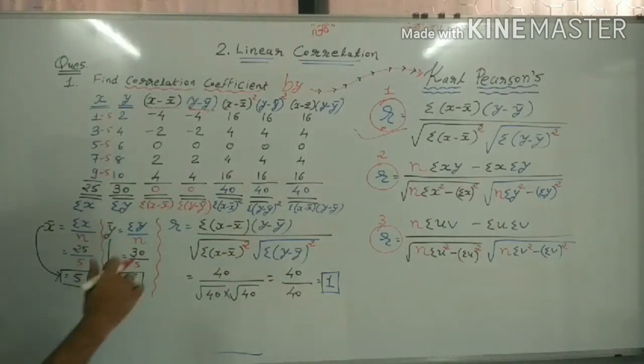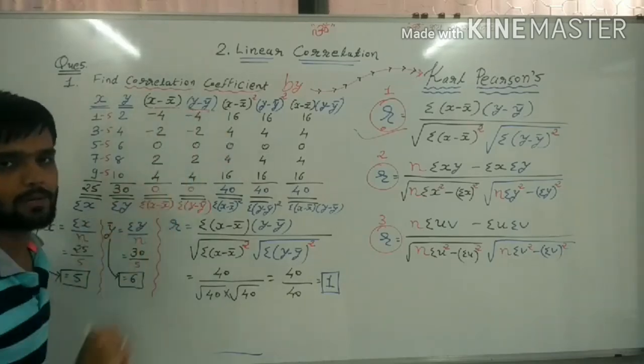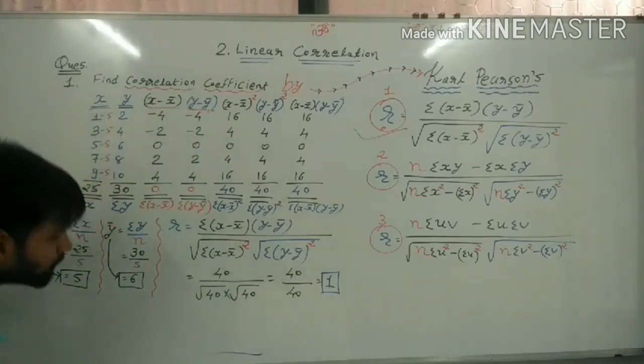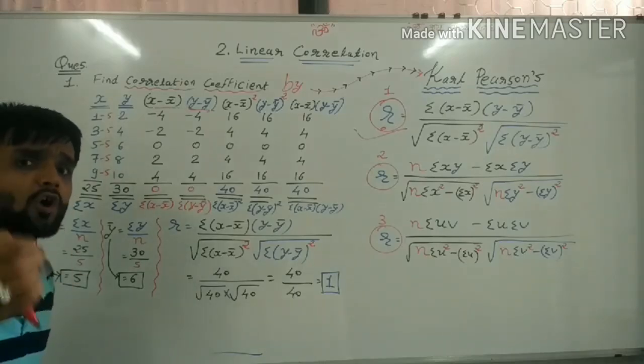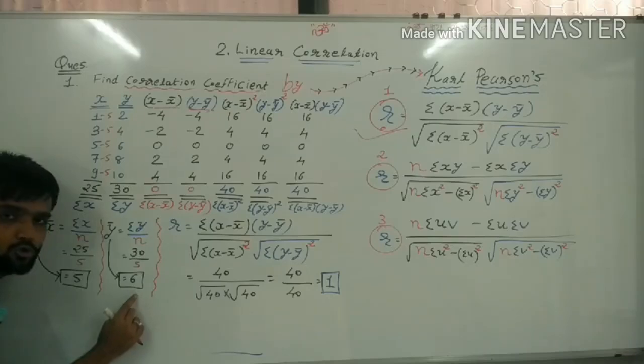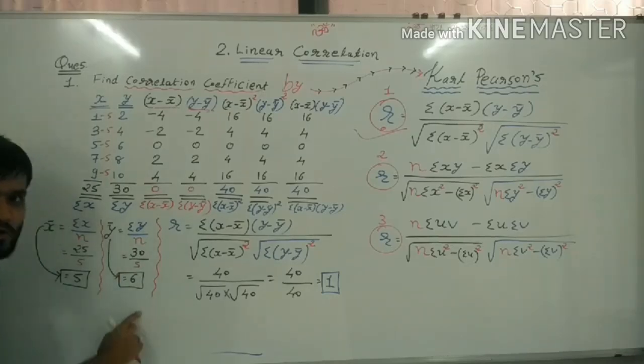Now, same situation: we need y minus y bar. How can we find y minus y bar? From all the values of y, we are deducting the value of y bar, which we found here. So here y bar is equal to 6, and this 6 we are deducting from y.